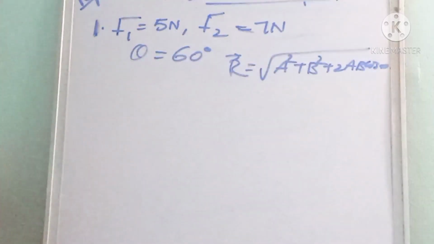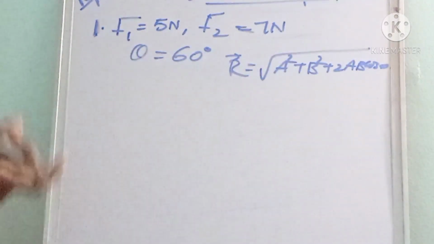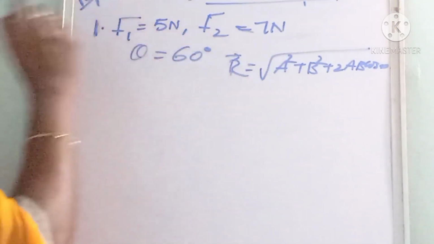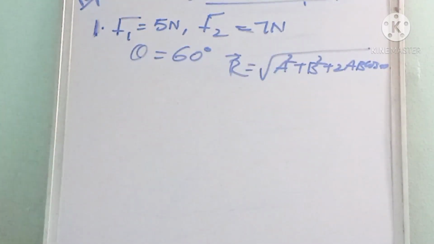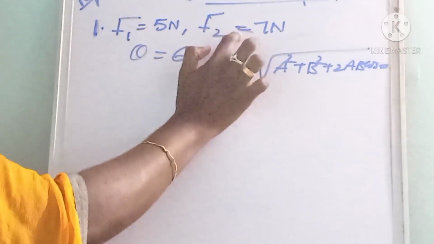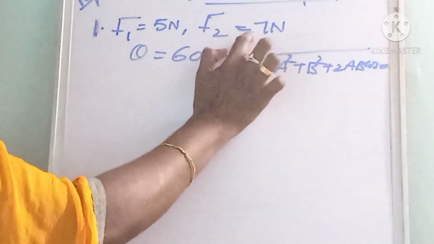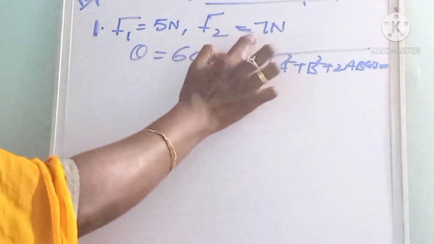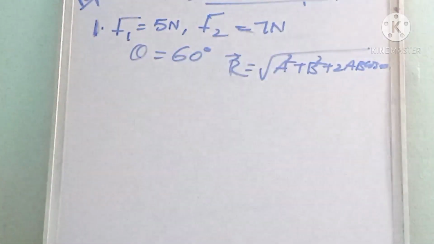There the vectors are A and B, but here we have to find the resultant of these two forces F1 and F2. So here we have to find the resultant of the two forces 5 Newton and 7 Newton that act on a particle, and the angle between these forces is 60 degree.